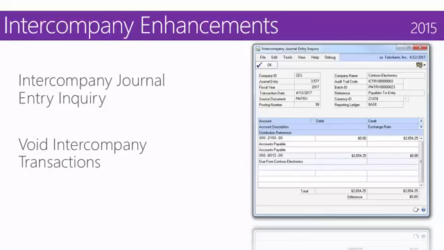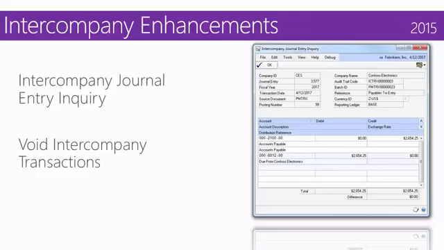Having the Intercompany Journal Entry inquiry window eliminates the need for users to switch between companies to view all the originating and destination company distributions of an intercompany journal entry. All the distributions can be viewed from one company.